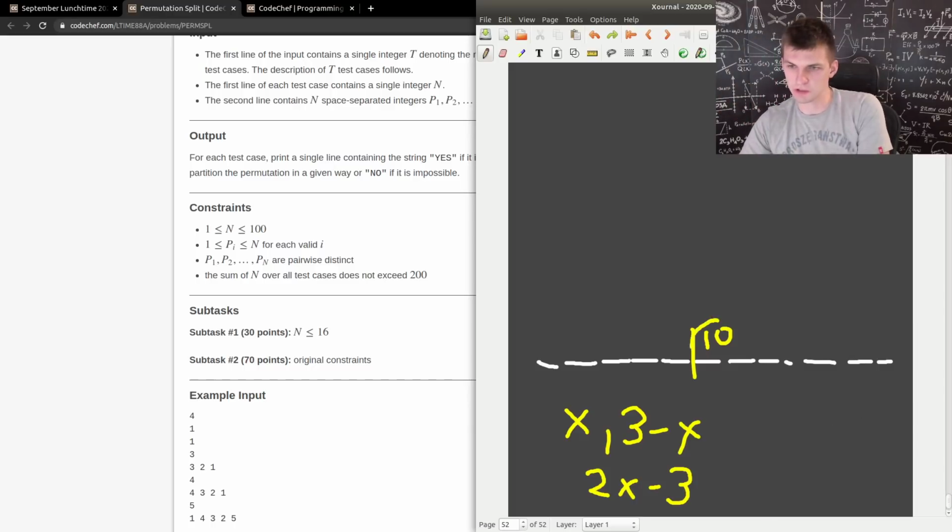When I switch this number from one type to the other, then how will x change? Wait.